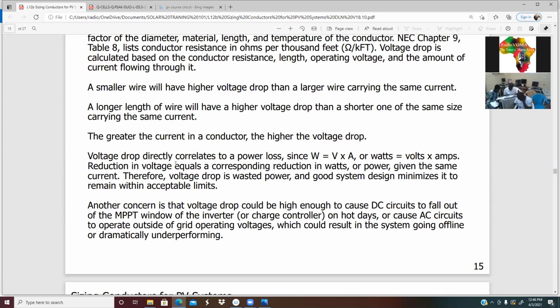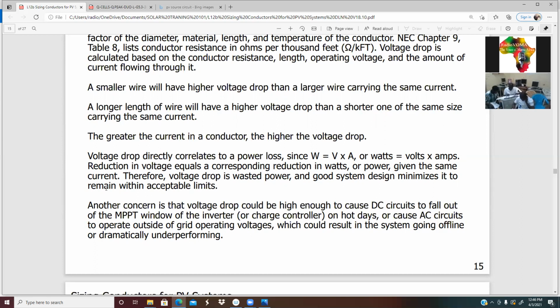Voltage drop directly correlates to a power loss, since watts equals volts times amps. Reductions in voltage equal corresponding reductions in watts, or power, given the same current.